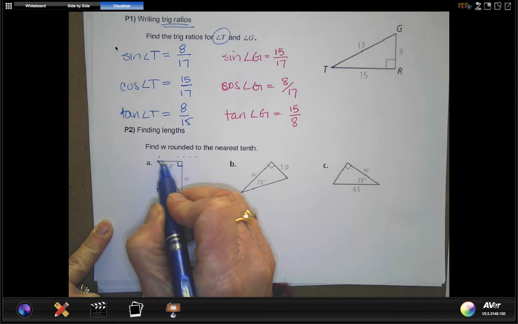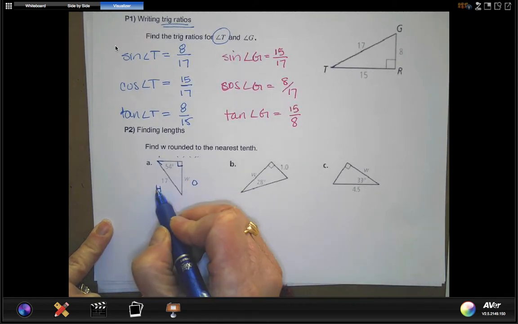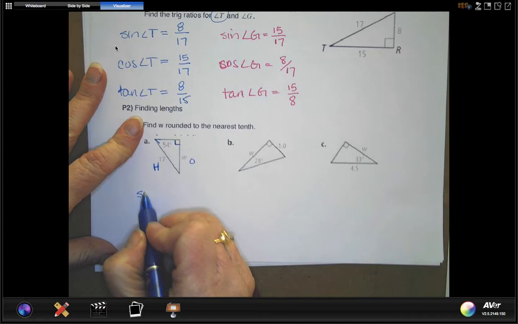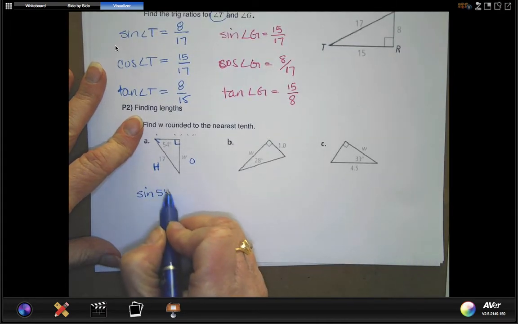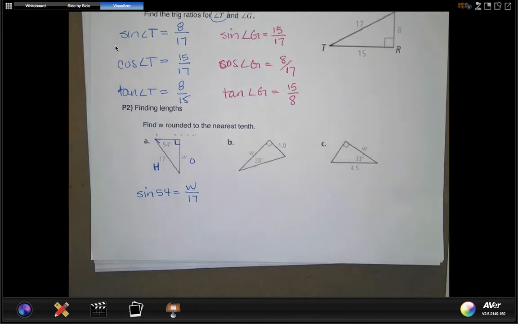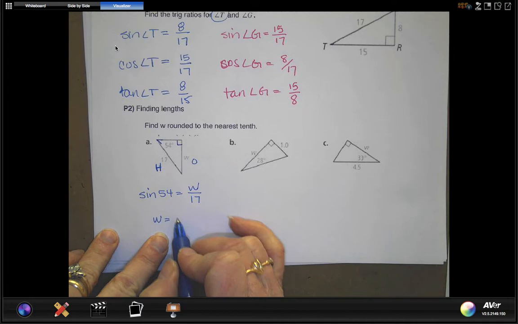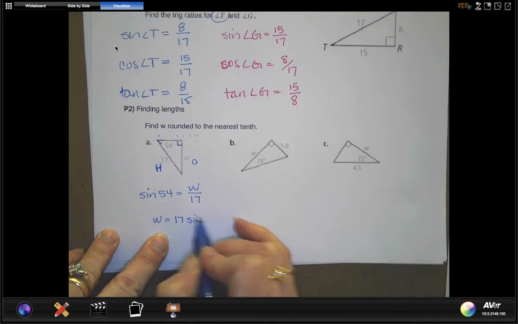Here's the hypotenuse, 54. W is opposite the 54. So I have an opposite and I have a hypotenuse. Opposite and hypotenuse is my sine function. So the sine of 54 is equal to W over 17. So then, if I cross multiply here, W is just going to be 17 times the sine of 54.